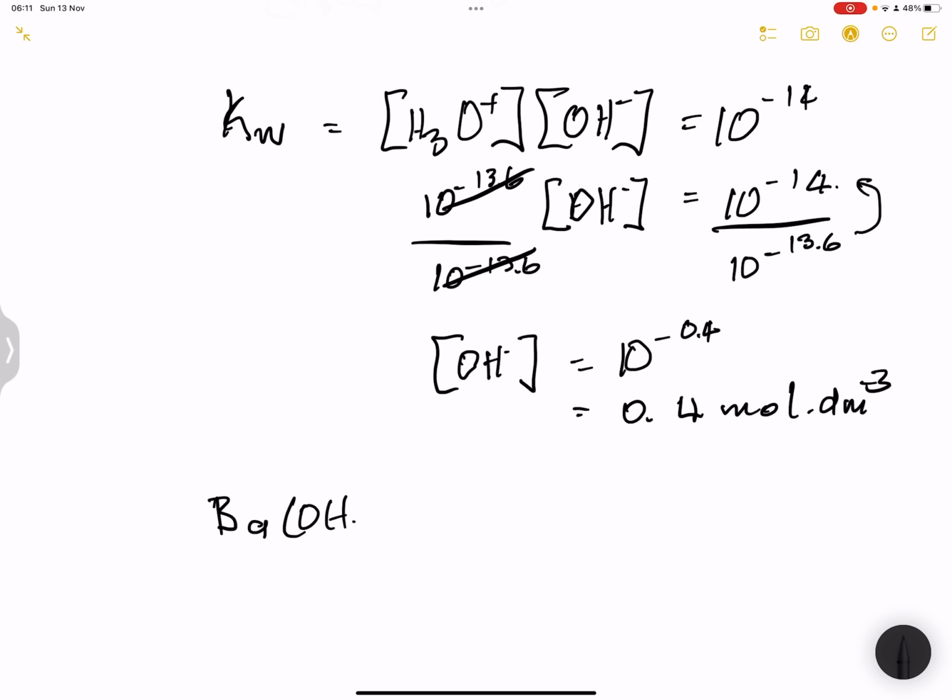how does barium hydroxide dissociate? For every one barium hydroxide, it will give you 2 hydroxide ions. I've written this in the wrong place, so the 2 is outside here.